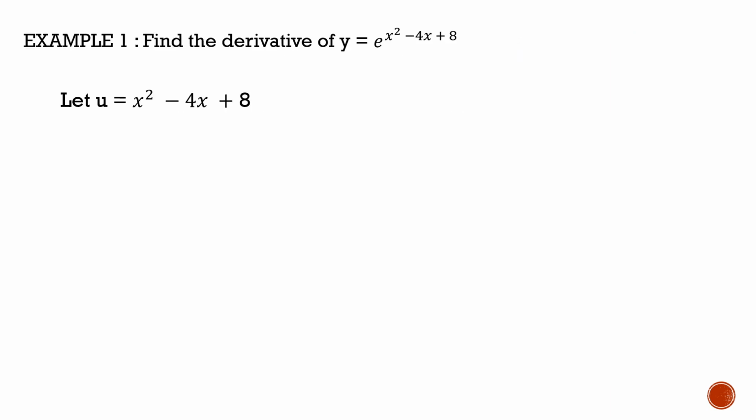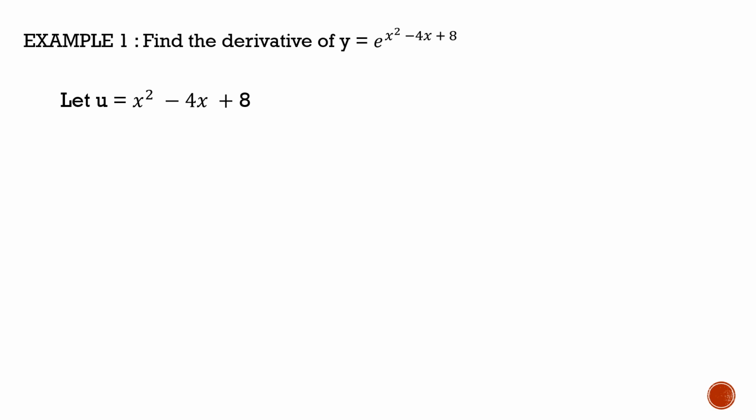Very easy example. Moving on, we've got something slightly complex, but not too bad. So we've got e to the power of that quadratic function. In this question, we are going to use the chain rule once again. So let's assume the power there is equal to some letter u.